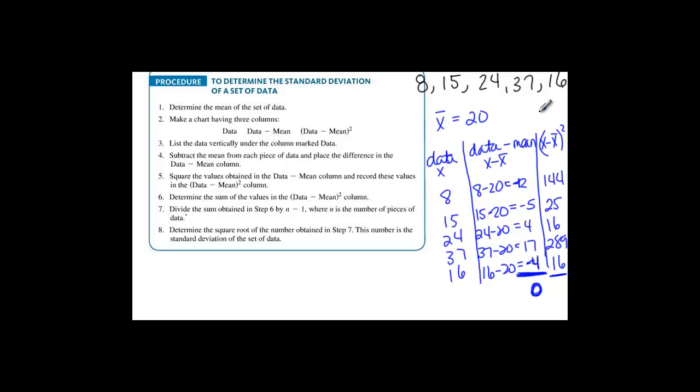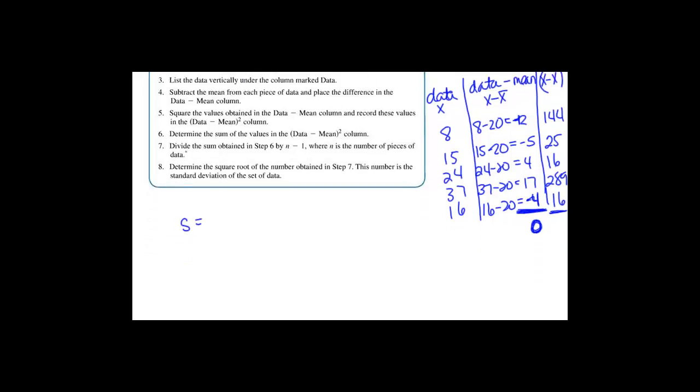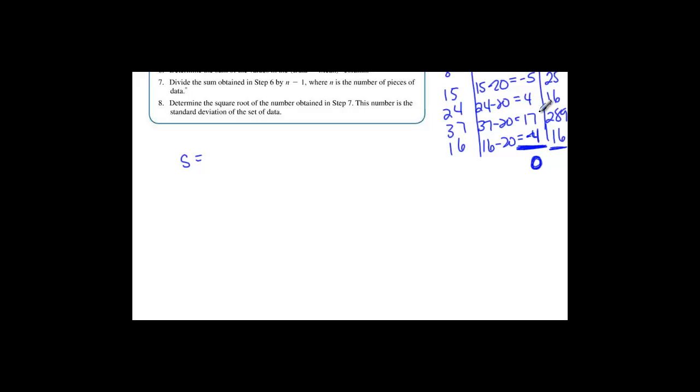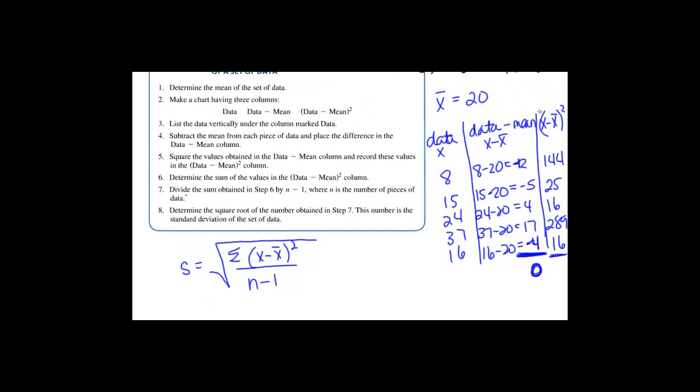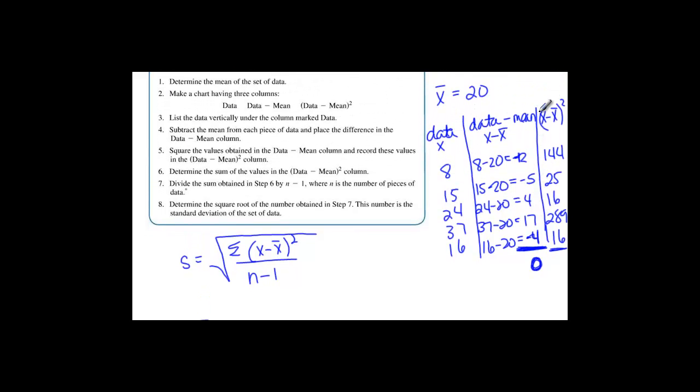And then we do want to calculate, because in our formula, let's go back to that standard deviation formula. The standard deviation formula was we're going to take the square root of the sum of x minus x bar squared all over n minus 1. Well, what we've just found in this column, this was our x minus x bar squared.